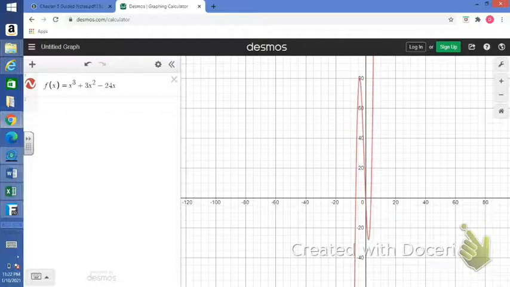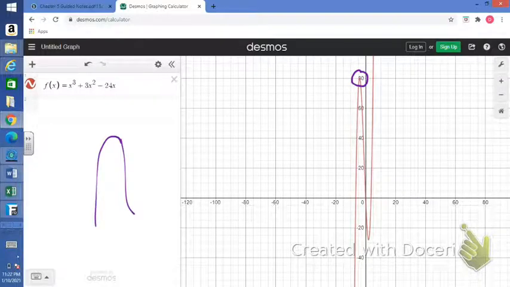Okay, so what you'll see here is the relative minimum and the relative maximum are the peaks of these humps here. So like this point right there, notice that if you imagine a mountain, and you're standing on top of it, you're standing at the highest point.